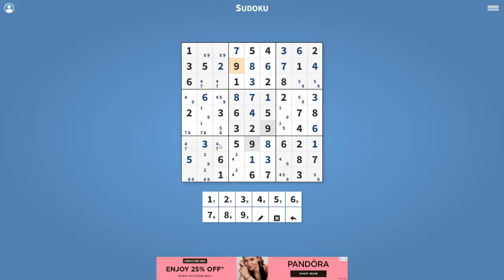If this were a 4, that would have to be the 7. Nah, nothing for that. If this were a 9, that would have to be a 1, which means that's a 5, which would leave me with 4 and 9 over here, which means this would be a 5.